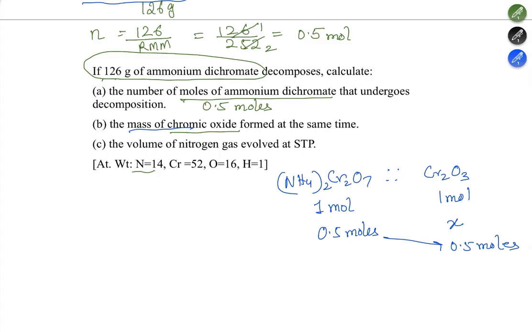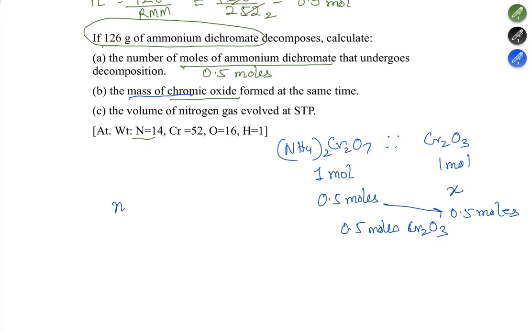Now the question is they are asking for the mass. So I can convert this 0.5 moles of chromic oxide to the mass of chromic oxide. We can apply the simple formula: moles is equal to given weight by RMM of chromic oxide.